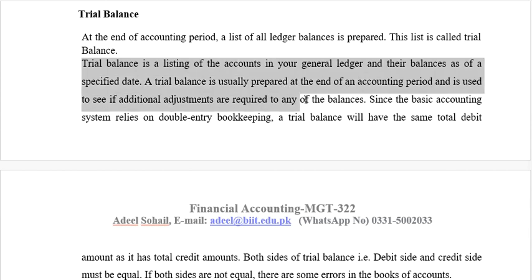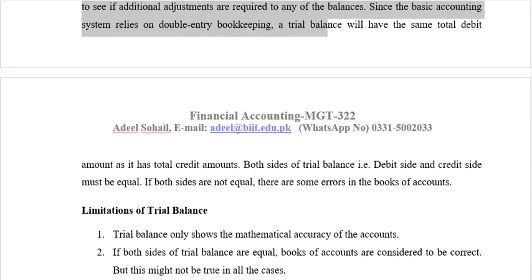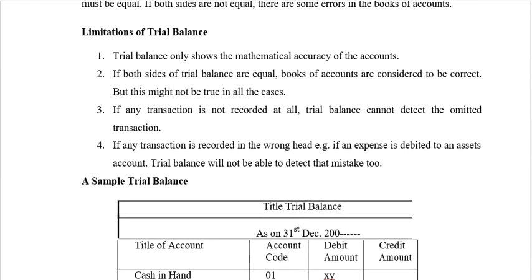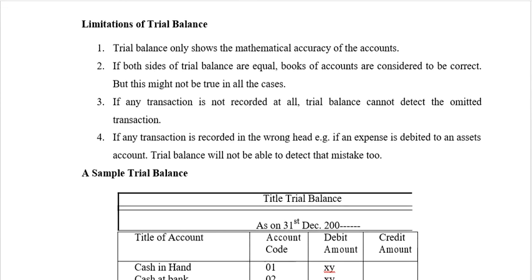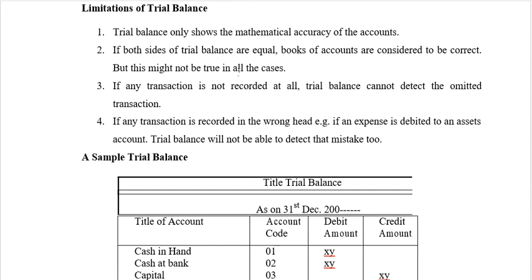It is usually prepared at the end of the accounting period and is used to see whether any adjustment is required to any of the balances. Since the basic accounting system relies on double entry bookkeeping, that concept is revised here.